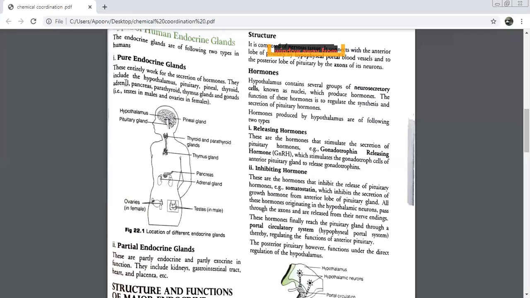Beta, first give me 4 examples of pure endocrine glands. Hypothalamus, pituitary, thyroid, pancreas, parathyroid, thymus. Very good. Now give me 4 examples of pure exocrine glands. Salivary glands, sweat gland, mammary gland, mucus gland.